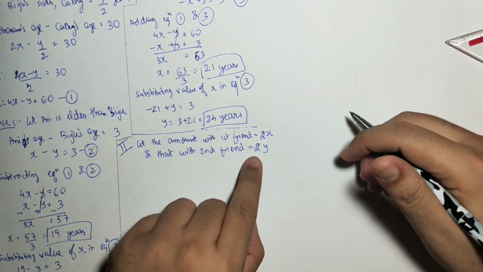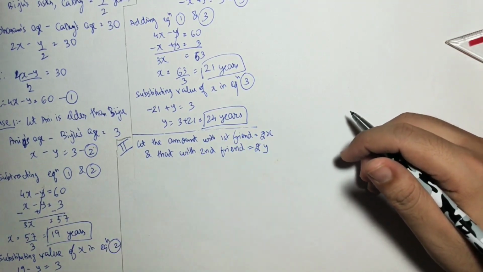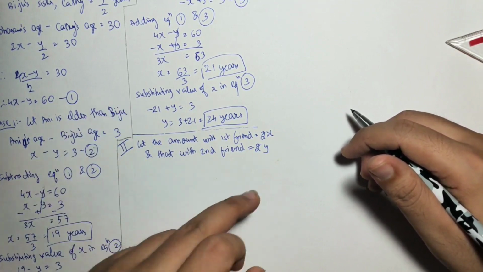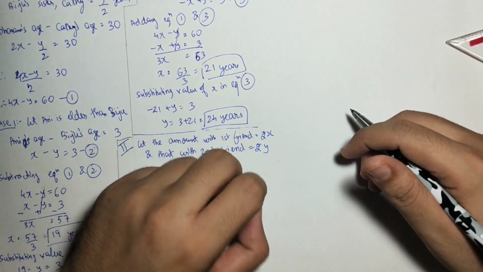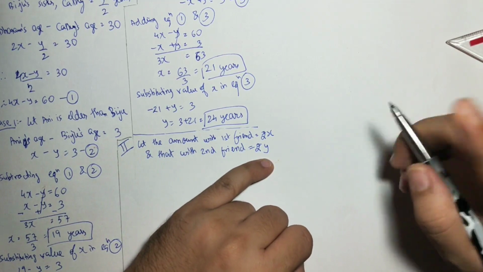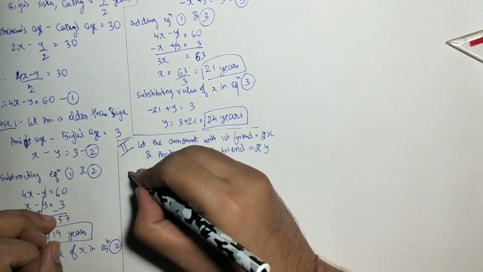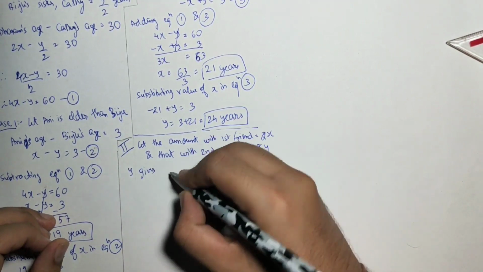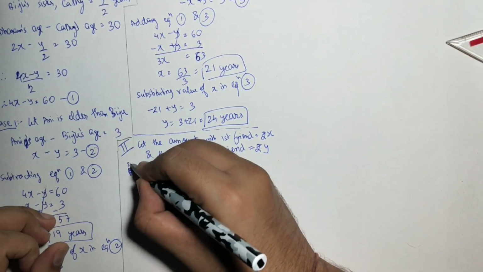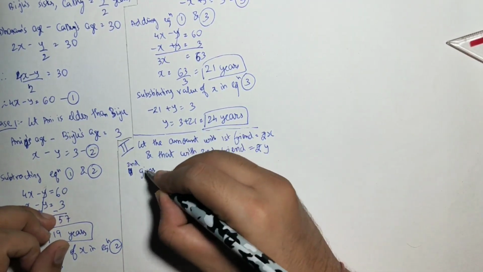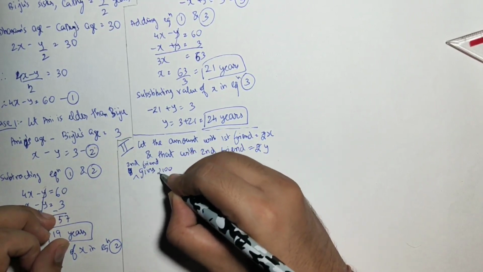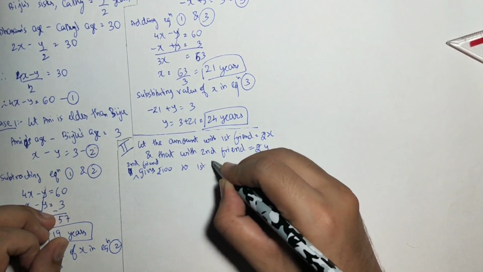So if the second friend gives 100 rupees to x, the amount of rupees remaining with y will be y minus 100. So I am writing: second friend gives 100 rupees to first friend.